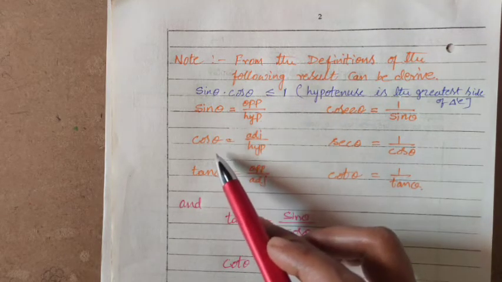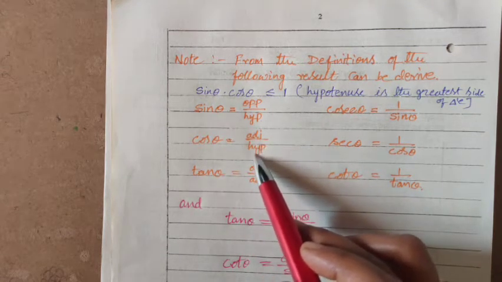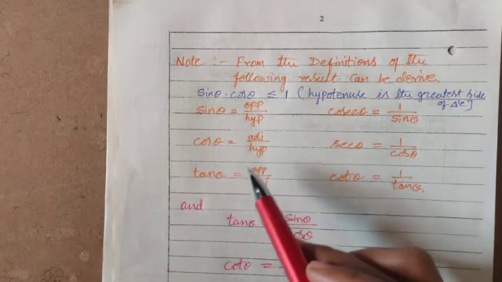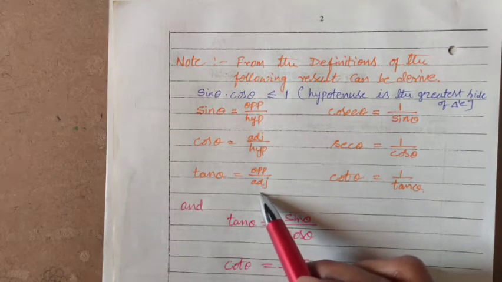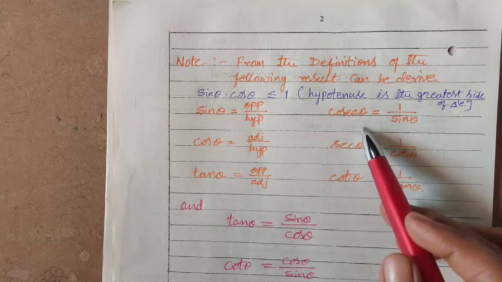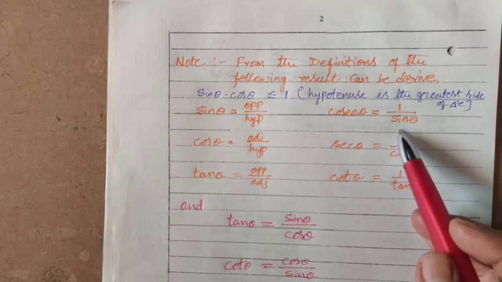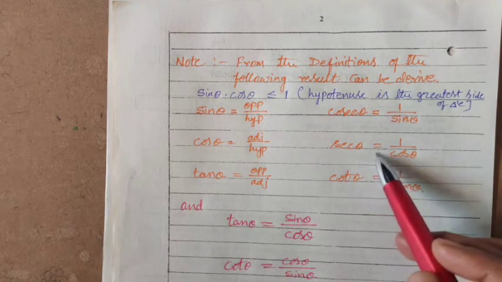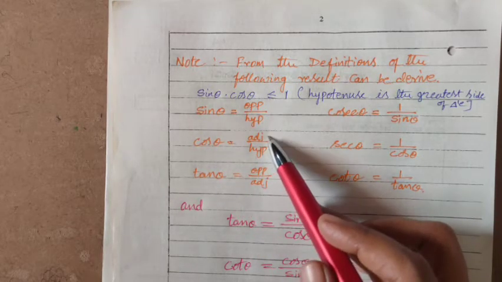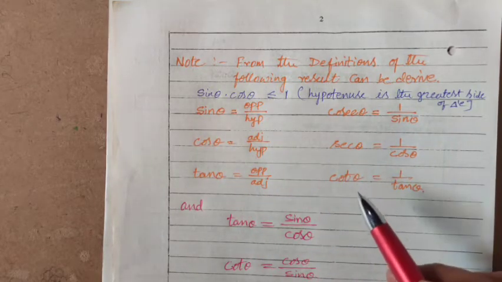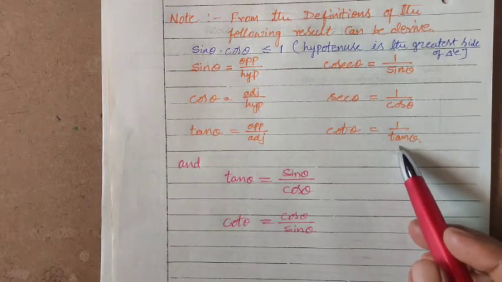So what is cos theta? Yes, cos theta equal to adjacent divided by hypotenuse. Tan theta equal to opposite divided by adjacent. What is cosec theta? The reciprocal of sin theta is cosec theta. Sec theta equal to the reciprocal of cos theta, that is hypotenuse divided by adjacent. Similarly, cot theta is equal to the reciprocal of tan theta.